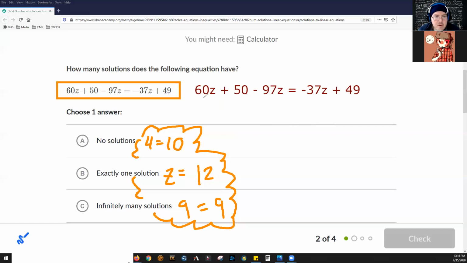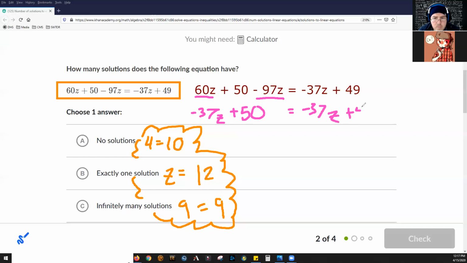So combining like terms, right here, I've got a 60z and a negative 97z. They both have the same variable, same power. So 60 minus 97 will be a negative 37z. So that's going to be negative 37z plus 50 equals negative 37z plus 49.